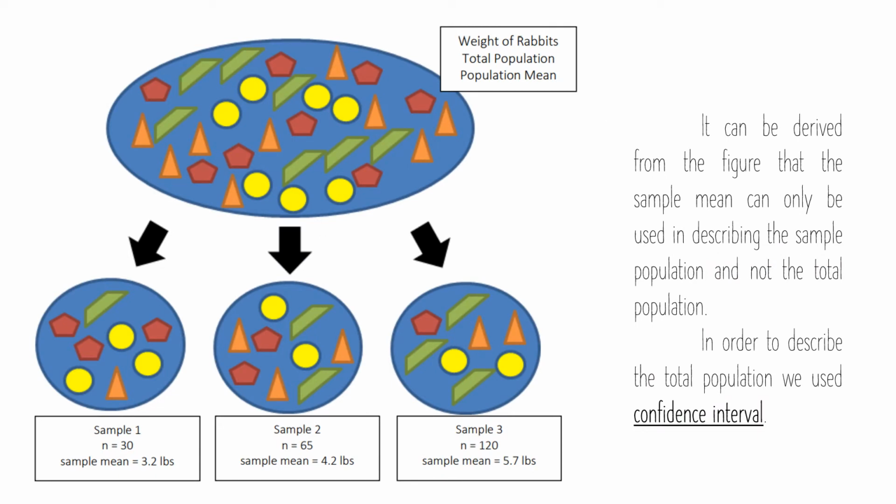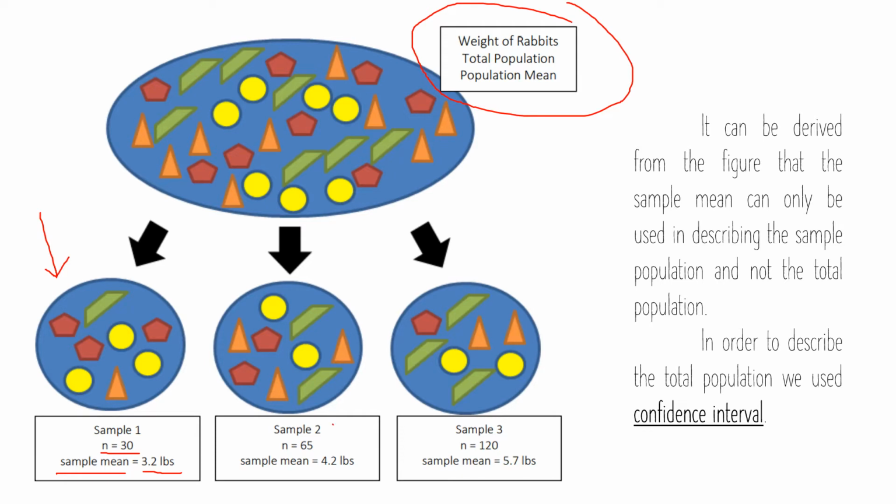This figure is about the weight of rabbits, the total population mean. Here in this figure, we get sample 1, where your sample size is 30 and your sample mean is 3.2 pounds.